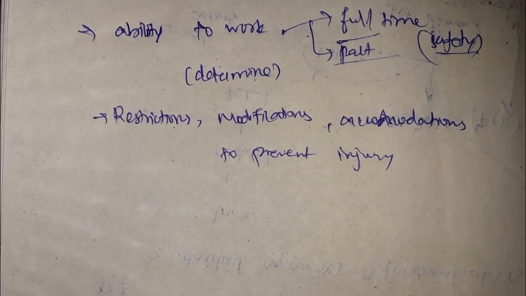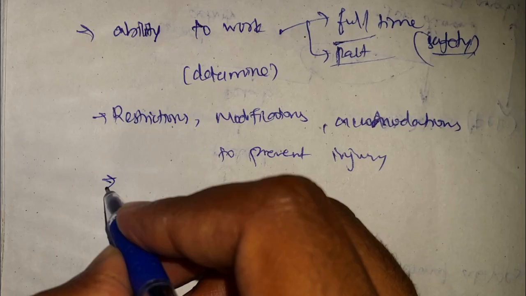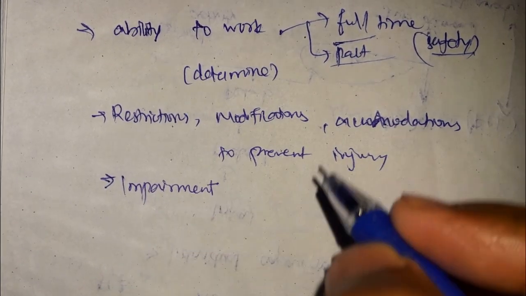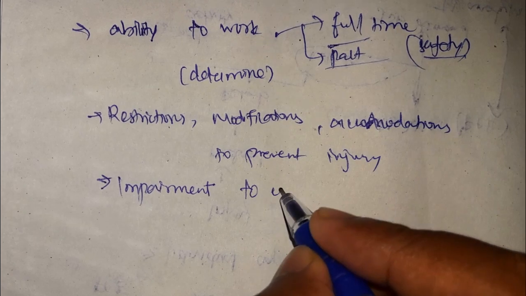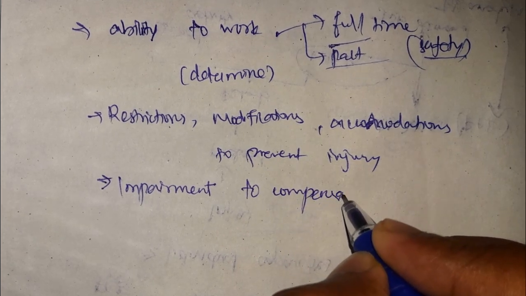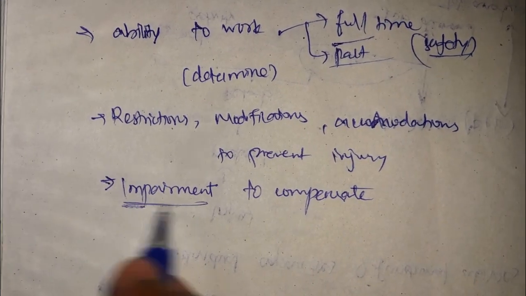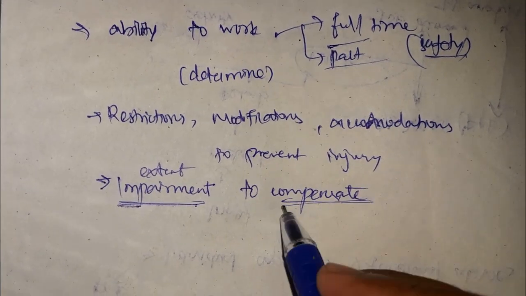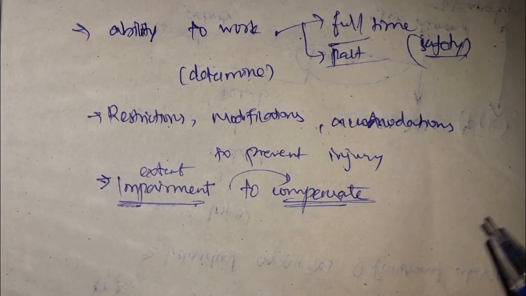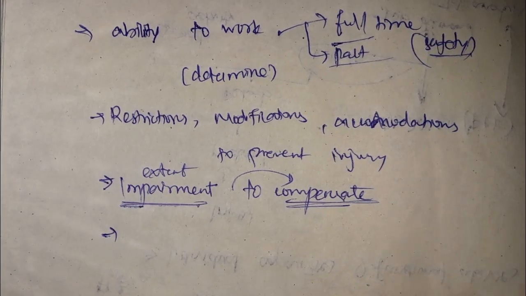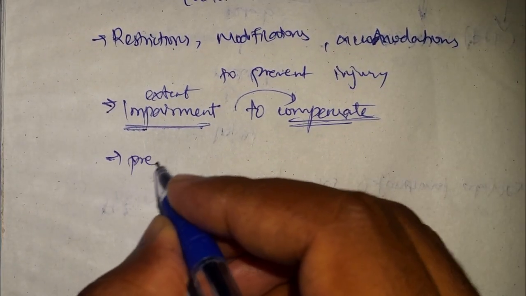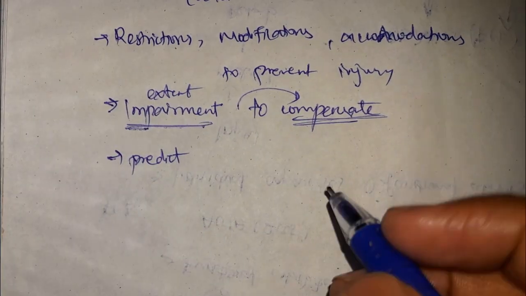And to determine the limitations, that is the impairment limitation, so as to compensate. By this FCE we can understand the extent of the impairment, and we can give compensation or adaptations. Then by this FCE we can predict what rehab we can do.